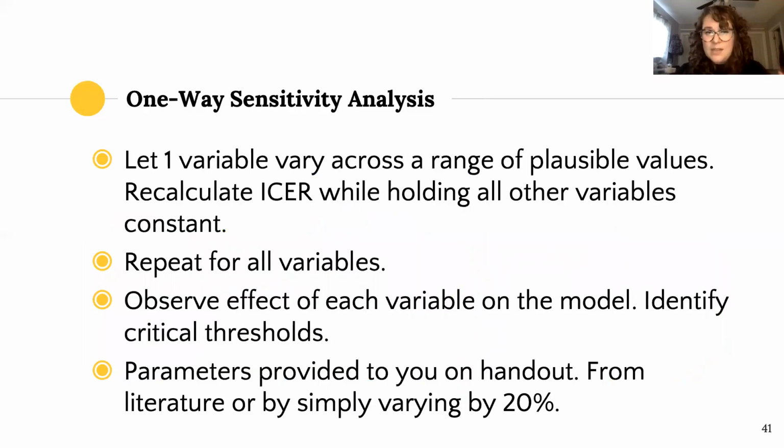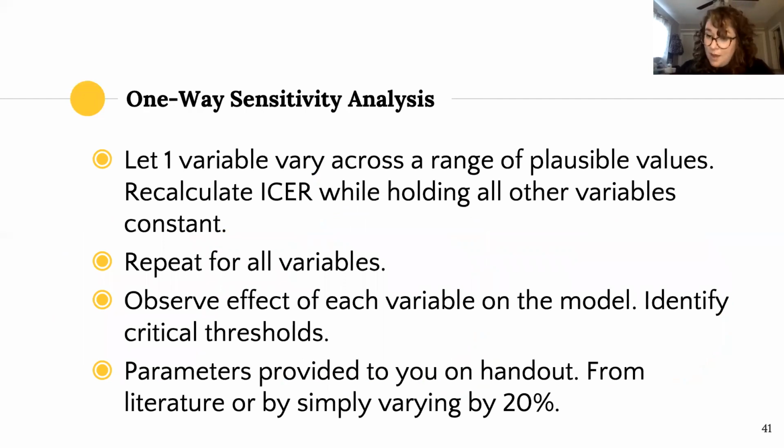So one-way sensitivity analyses, again, we're just letting one variable vary across a range of plausible values at a time, and we're recalculating that key value, the incremental cost effectiveness ratio, for each of those points of variation. And we're repeating that for all of our variables, just going down our list.